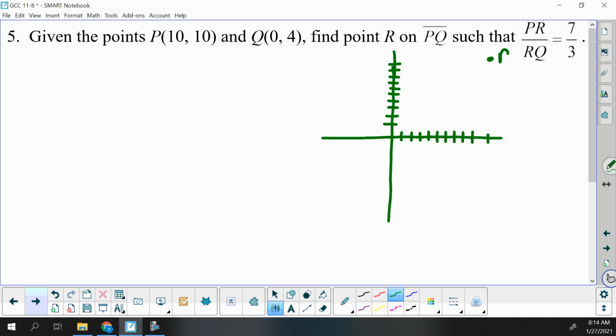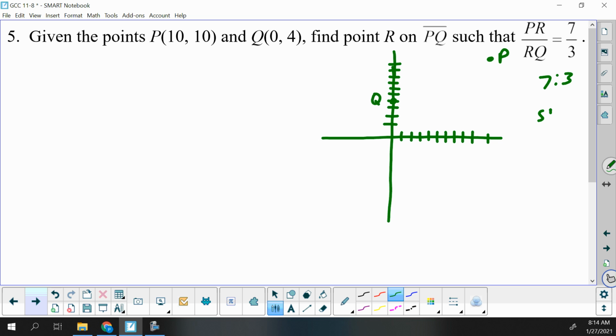So that's P. Q is (0, 4). And we want to find R, so that P to R is 7 parts out of 10 total parts, because R to Q is 3. Doing it as a fraction like that is the same as doing it that way.